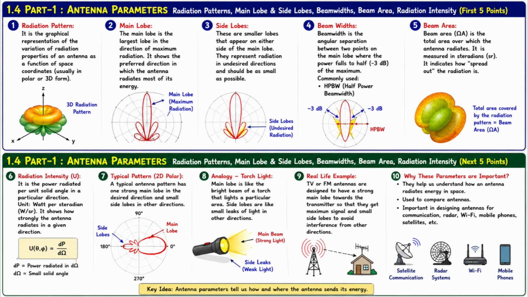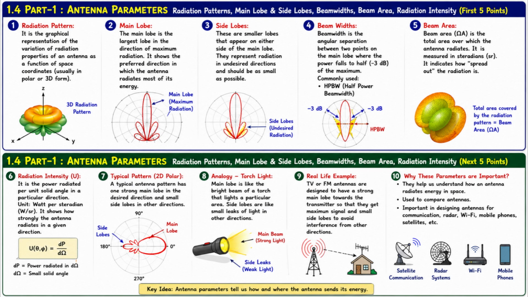My dear students, today we will discuss some antenna parameters. Today's topic 1.4, part 1, in our AWP subject. Number 1, radiation pattern shows how an antenna sends energy in different directions.